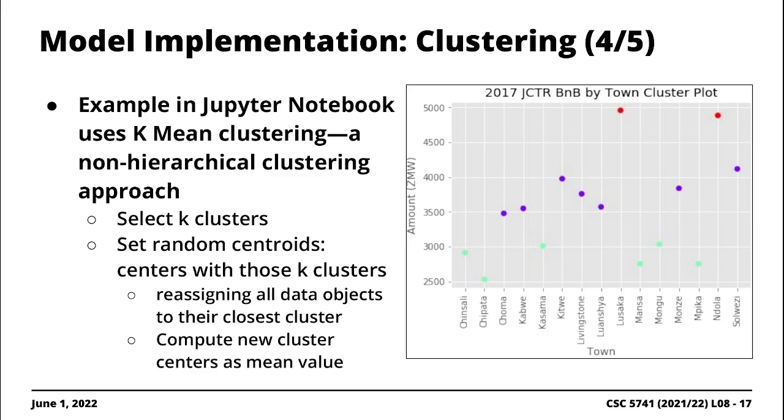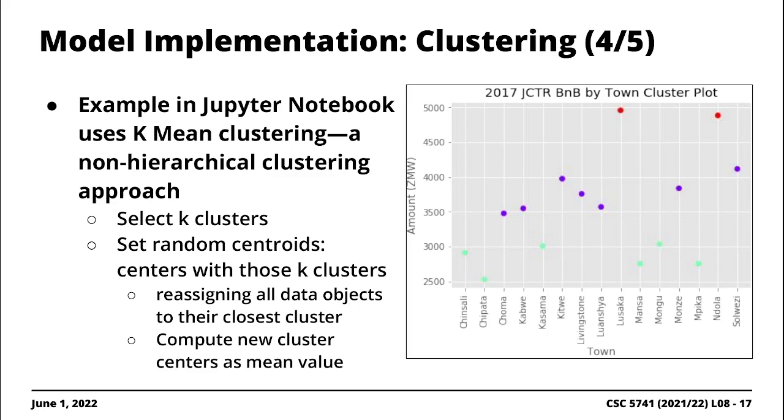The way it works is quite simple, really. You start off by selecting the appropriate number of clusters, and you randomly set centroids. Centroids are the centers of the different clusters or groups, the central point that is linked to all the observations associated with a particular group, ideally.